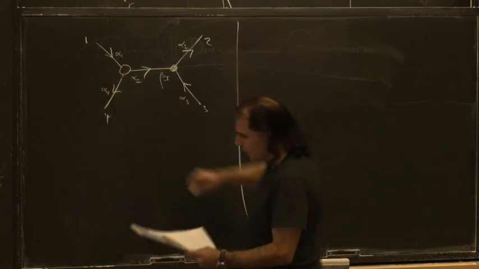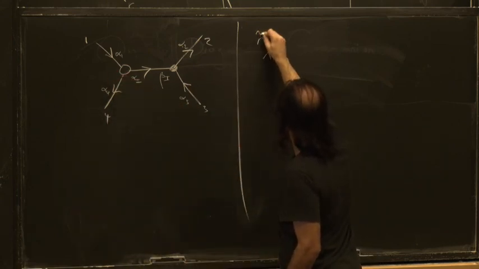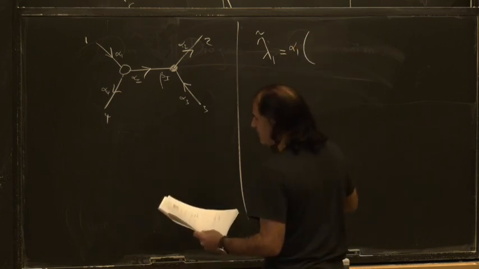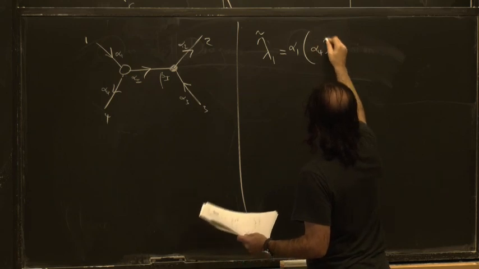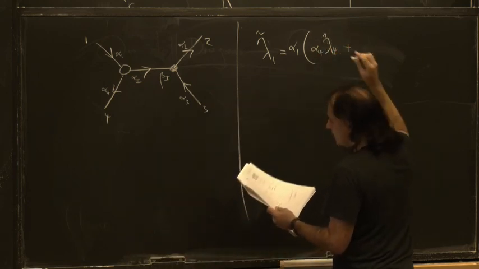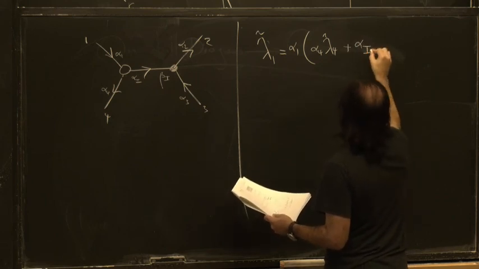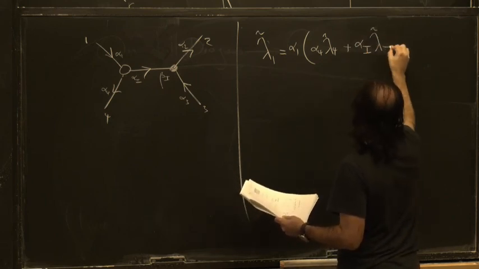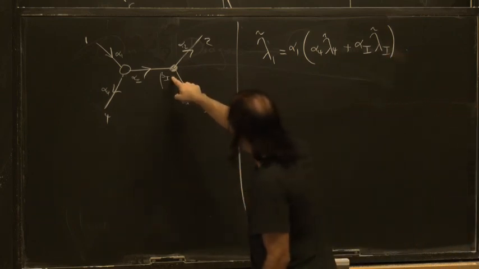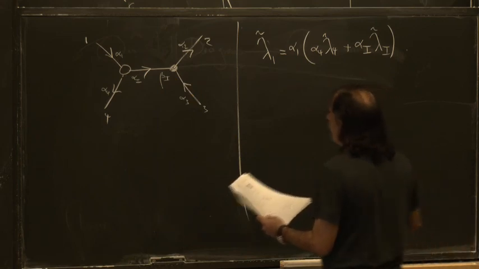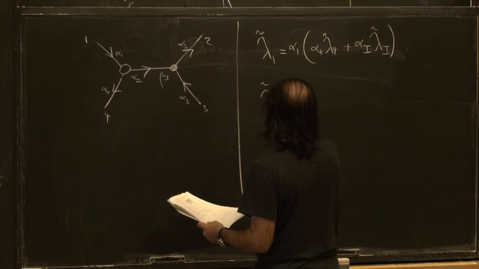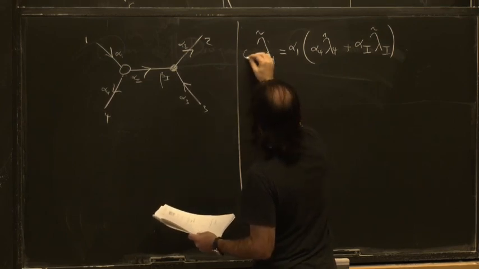So from this side, this white vertex tells me that lambda tilde 1 is equal to alpha 1 times alpha 4 lambda tilde 4 plus alpha I lambda tilde I. That was a formula from the white vertex.